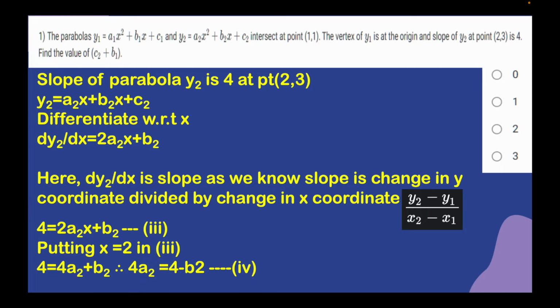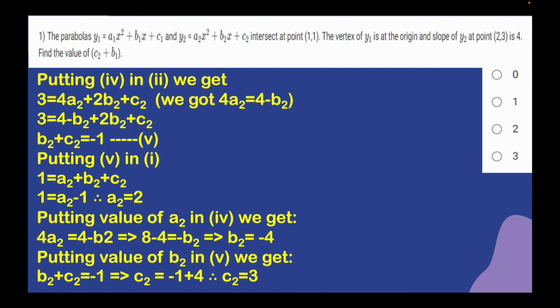Now we can say that 4a2 equals 4 minus b2, and we put this value in equation number 2. Equation 2 was 3 equals 4a2 plus 2b2 plus c2, so 3 equals 4 minus b2 plus 2b2 plus c2, and we get b2 plus c2 equals minus 1.